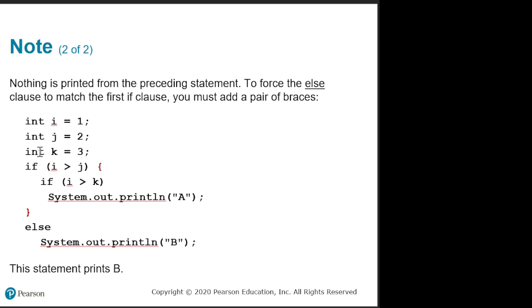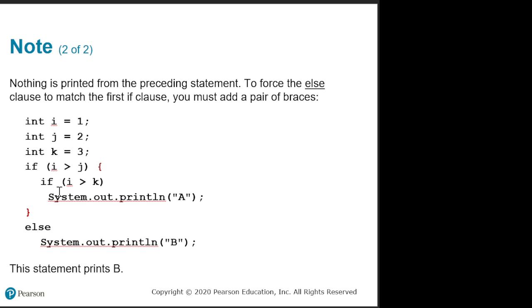And if we look at the preceding statement here, so if we go through this code here, this if statement locks these two things together. So if i is greater than j, which is false, it pops down and does here.